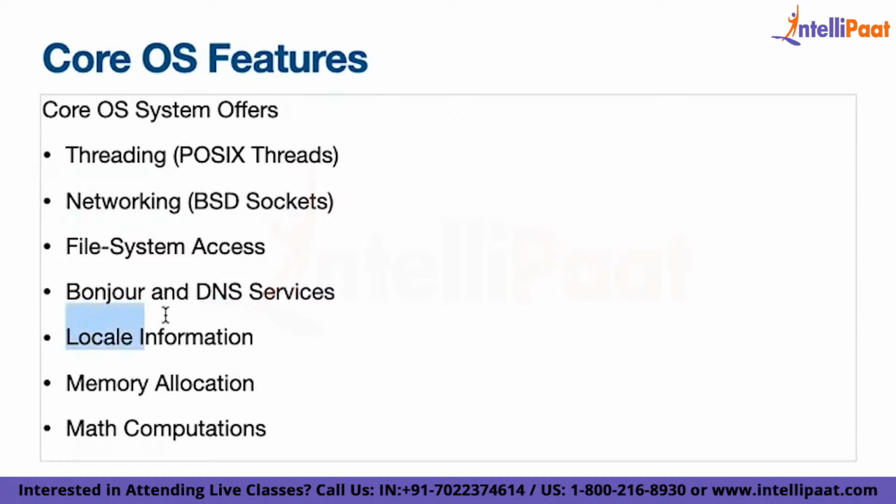We have locale information, which talks about the language of your preference. Your application may be running in English, French, German or Spanish. That is locale. Memory allocations: I gave you a very brief introduction about the heap and stack, and we will talk about this further as we move forward.